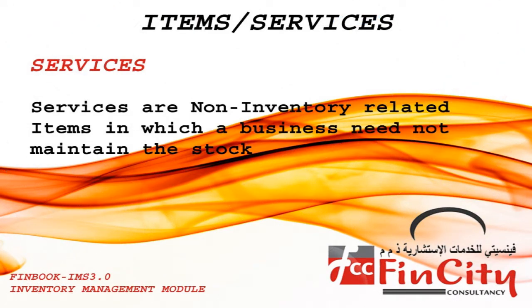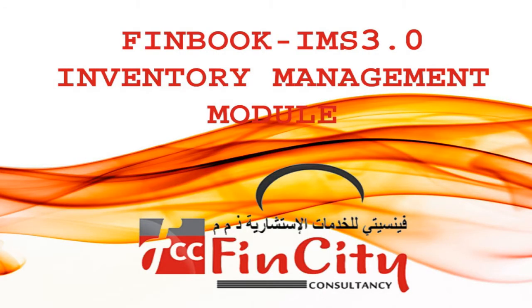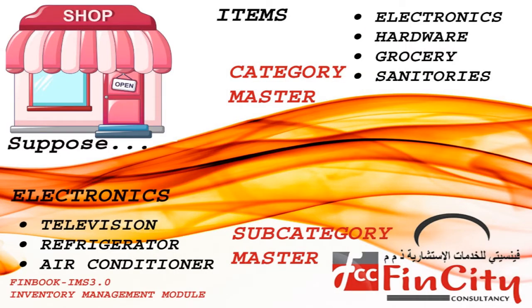If you are running a shop and the shop has a lot of items, suppose you have electronics, hardware, grocery, sanitary, like that, then the shop owner wants to know how he can classify these items first. In that case, he can use the category master.